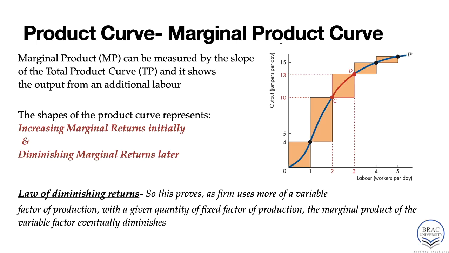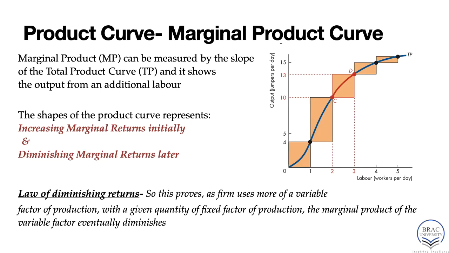So for example, in our case, the first worker was just making 4 jumpers, right? Think of it like this. This one worker has to learn the whole process of producing a jumper. The worker has to know how to run the kneading machine, how to do the dyeing or coloring process, and then do the packaging by himself.